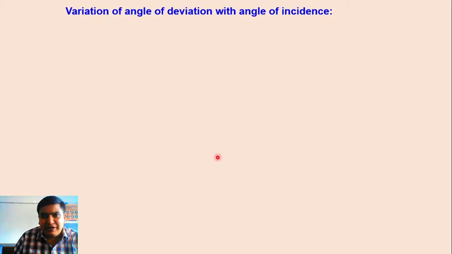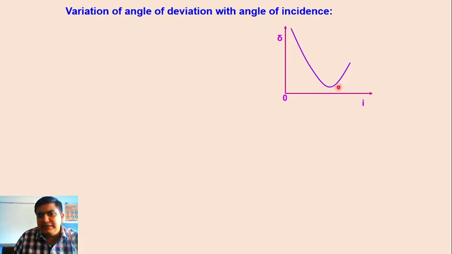If we draw the curve of incident angle with respect to deviation angle, we get this type of curve. As you increase the angle of incidence, the angle of deviation decreases, and at a certain point, on increasing the angle of incidence further, delta increases.